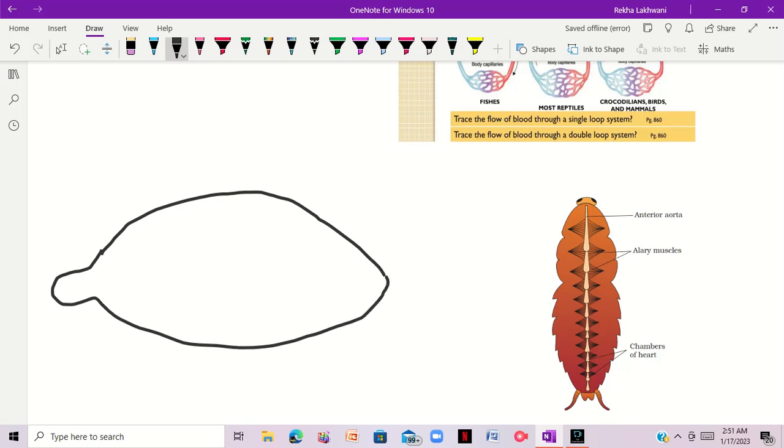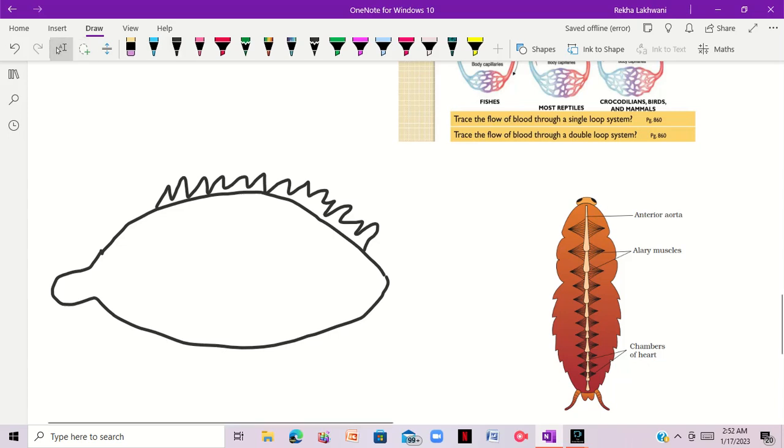This is the body, and here we have these spike-like structures known as tergum. So here I'm drawing a cockroach. This is known as tergum, right?